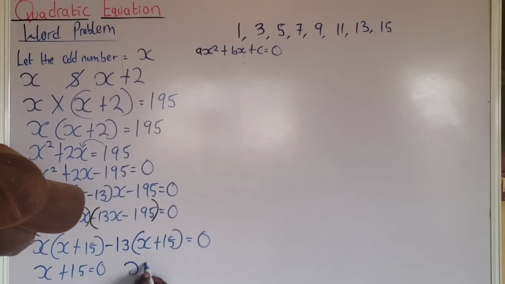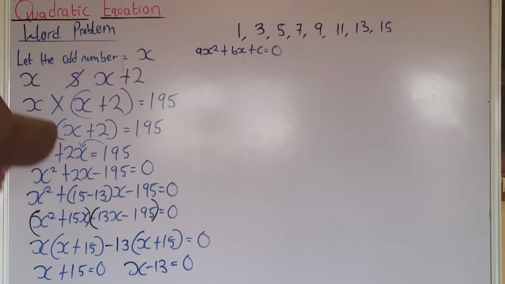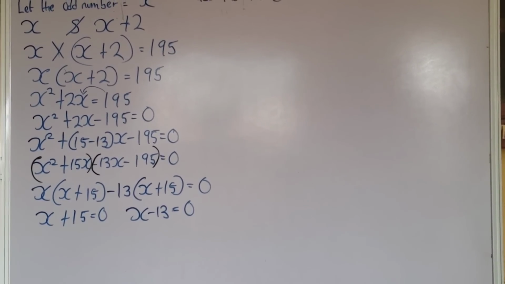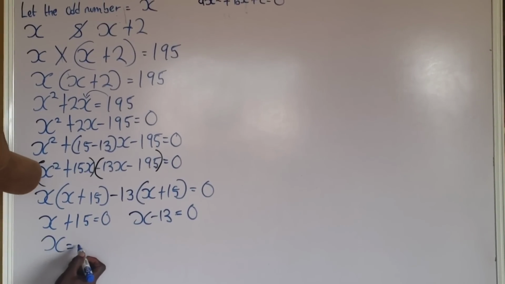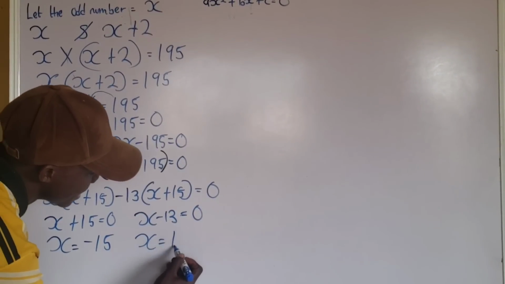So I'm going to have x minus 13 as well equals 0. Just pay attention, okay? Now, by solving those linear equations, we're going to get the value of x. So here, I'm going to have x equals negative 15 and x equals 13.